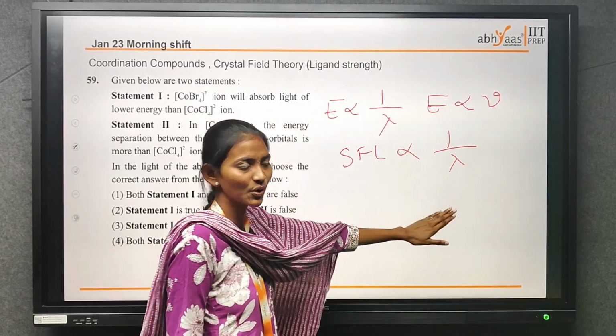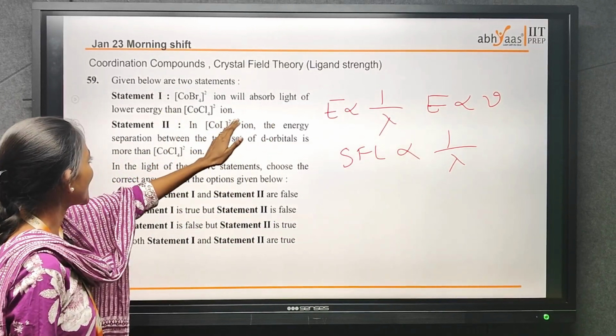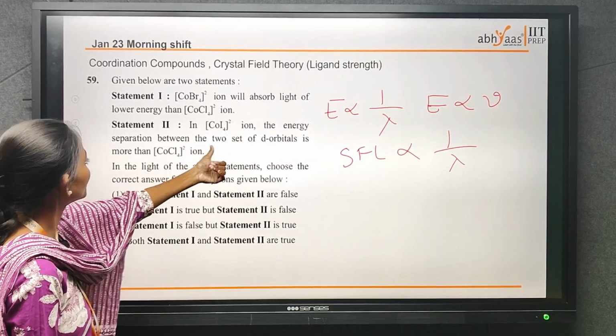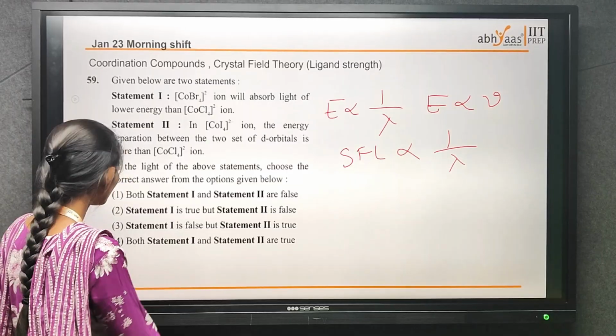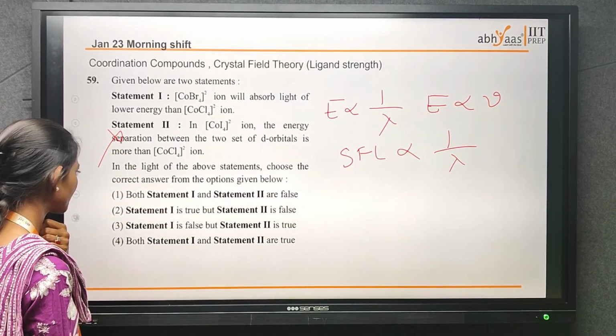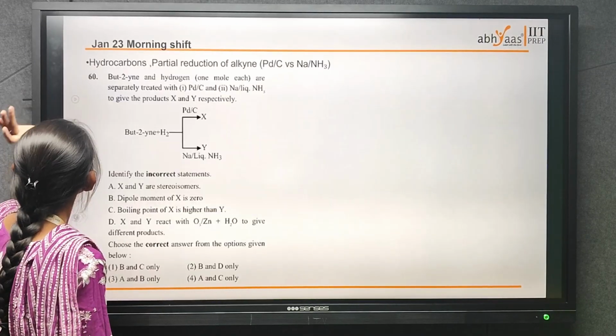If you answer this concept, you will get your answer. Iron will absorb light of lower energy than that of CoCl4. Not at all. And the energy separation between two sets of d orbitals is more than in the chloride complex. Is it true? Not at all. So statement 1 is true and statement 2 is false. Option 2 will be your answer. And moving on to the next question.